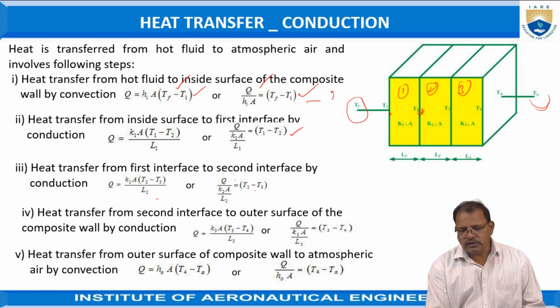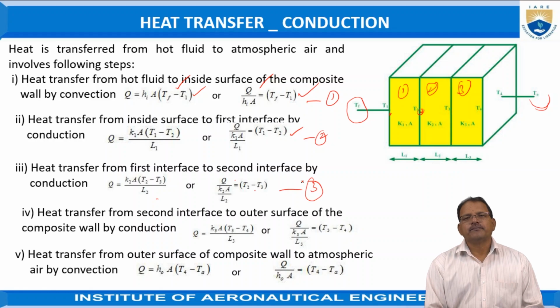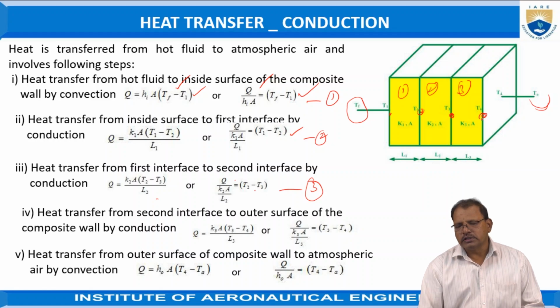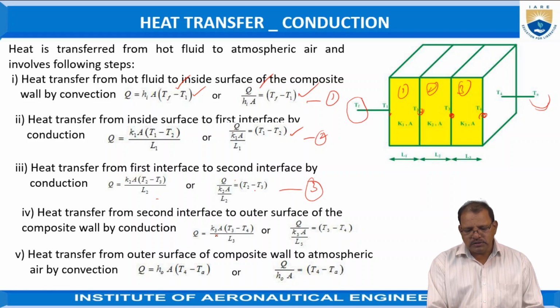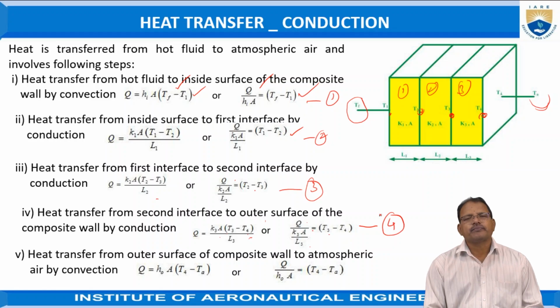I am taking these as equation number 1, 2, 3. Similarly, the heat transfer from the second interface to the outside, from T3 to T4, is obtained using Q = K3 A (T3 - T4)/L3. From this we get Q L3/(K3 A) = T3 - T4. This is equation number 4.